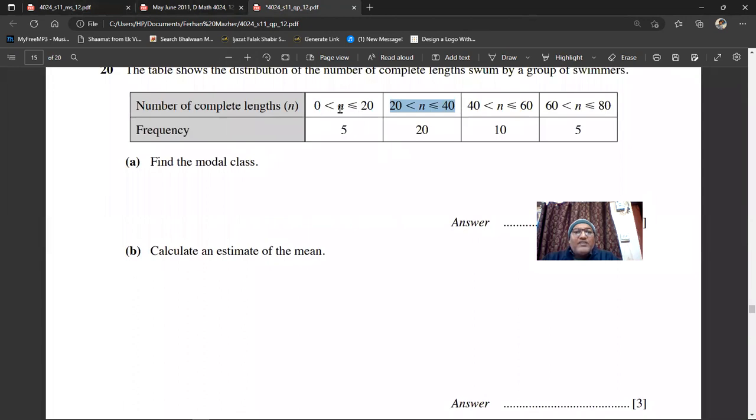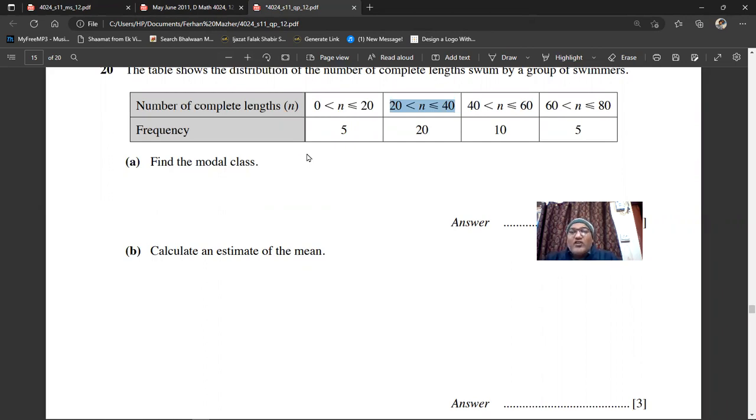So I will find the mid value. How do you find the mid value? You add 0 and 20, whatever the answer you get, you divide by 2. So it will be 10. 20 plus 40, whatever is the answer, you divide it by 2, you get 30. 40 to 60, you add them, divide by 2, you get 50. So 60 plus 80, divide by 2, you get 70.